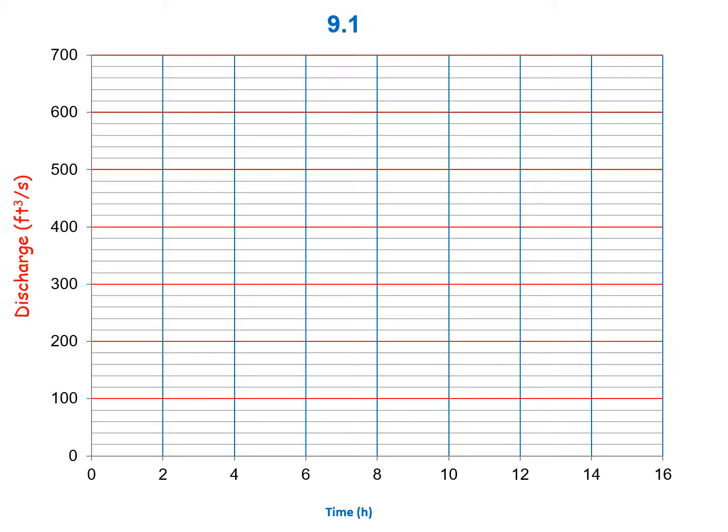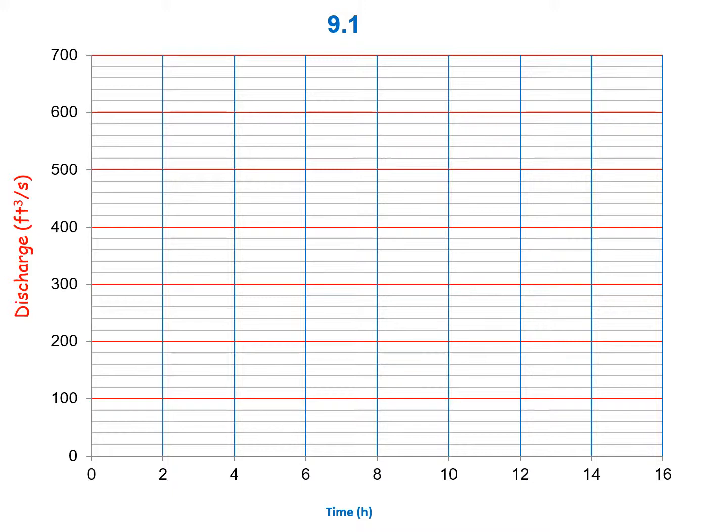First you have to graph it, and then you will find parts A, B, C in the problem statement. You need to find the base flow, graph it, and then find K as the groundwater recession constant.